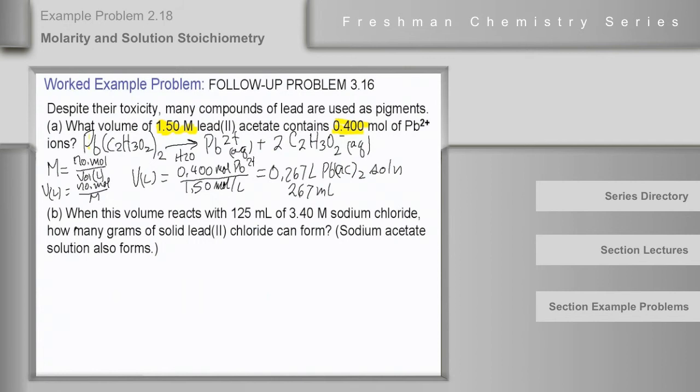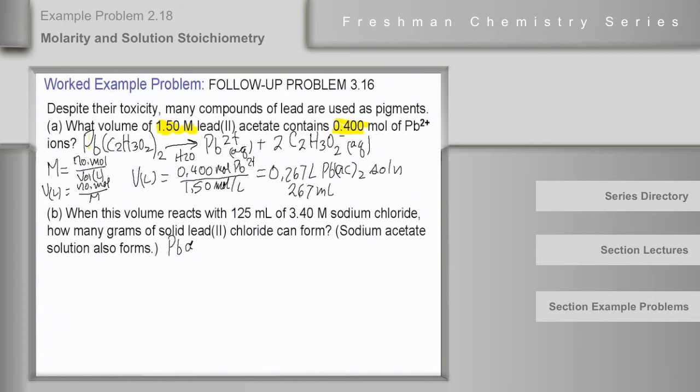The second part of the problem says when this volume, meaning the 267 milliliters, reacts with 125 milliliters of 3.4 molar sodium chloride, how many grams of solid lead II chloride can form? Lead II chloride is insoluble in water, and so the reaction would look something like this.